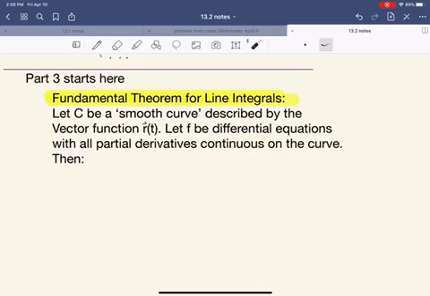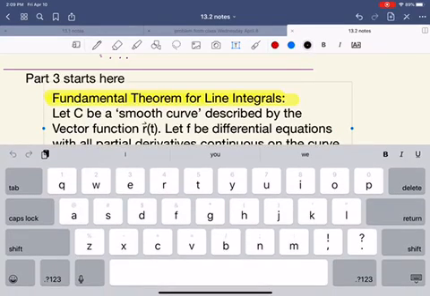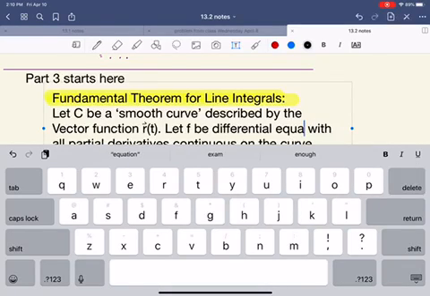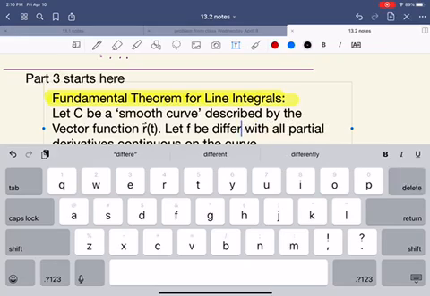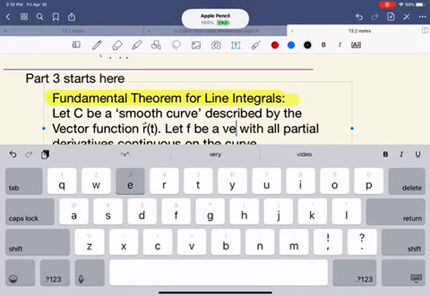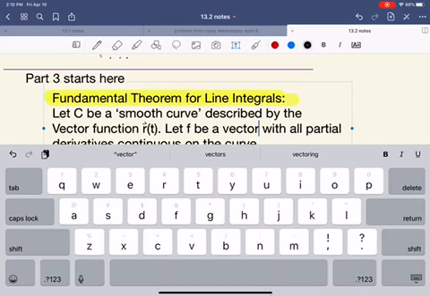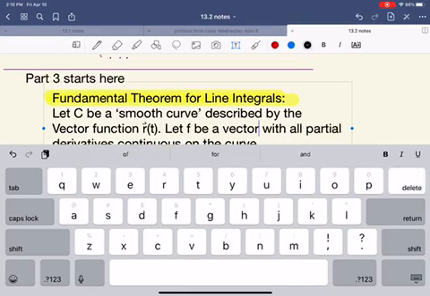F should be a vector function. So let me get in there. Actually, it's not even a vector valued function. It's a scalar valued function.